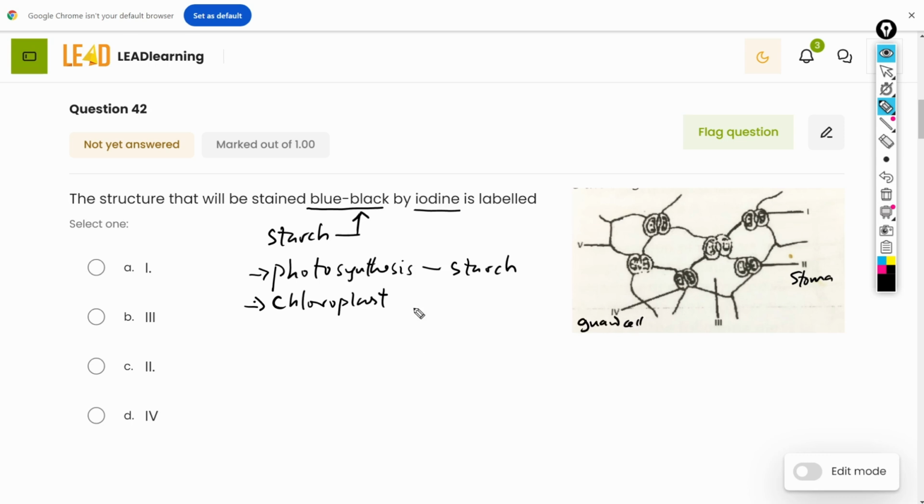In the typical structure of guard cells, we have the chloroplasts inside them. So the part will be the part labeled 1, because this is the chloroplast, and that's where food will be formed. So our answer is the part labeled 1, option A.